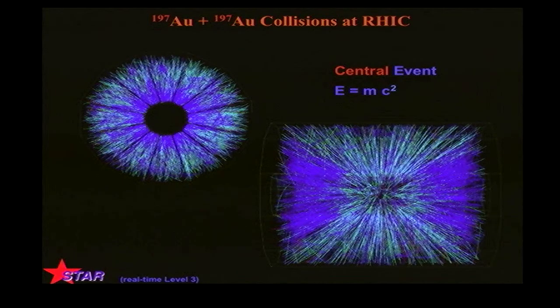So as I said, you can think of the time projection chamber as a three-dimensional camera. Here I just show you one photo taken by this camera. These are head-on gold-gold collisions. For this plot, the beam direction is perpendicular to the plane. For this plot, the beam direction is parallel to the plane. These are actually the same collision, the same event.